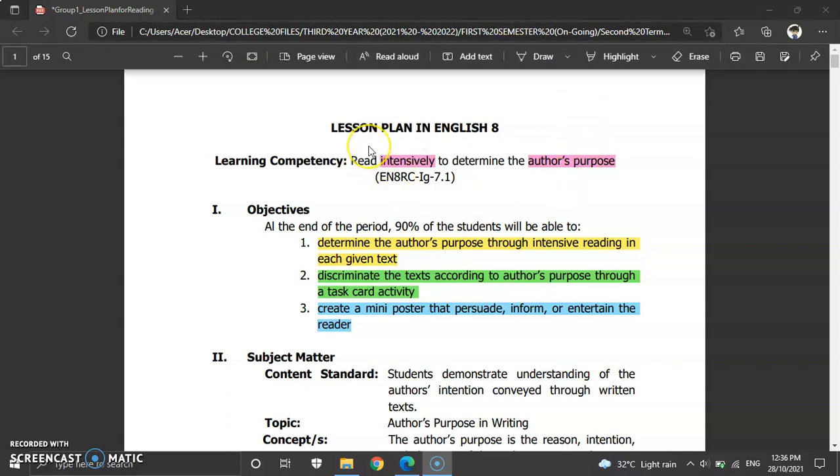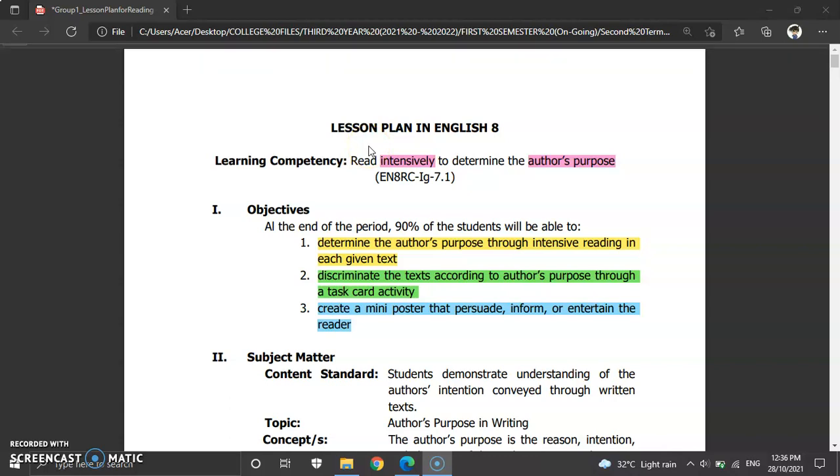Unlike extensive reading, which is time-consuming and they read long texts. Intensive reading is commonly used in class because the text is short, while extensive reading is time-consuming and they can read books outside the class.